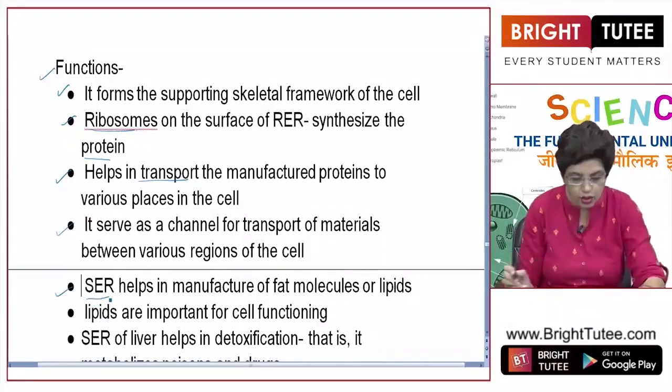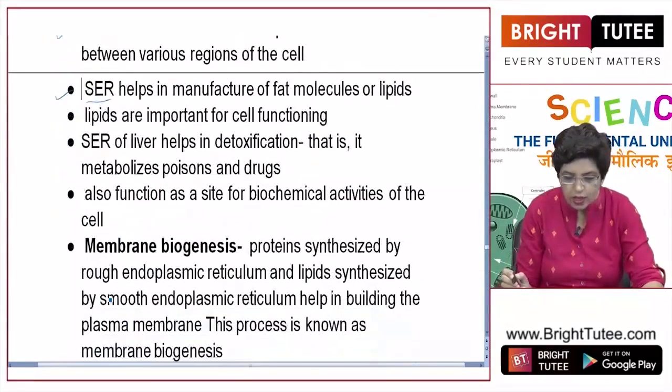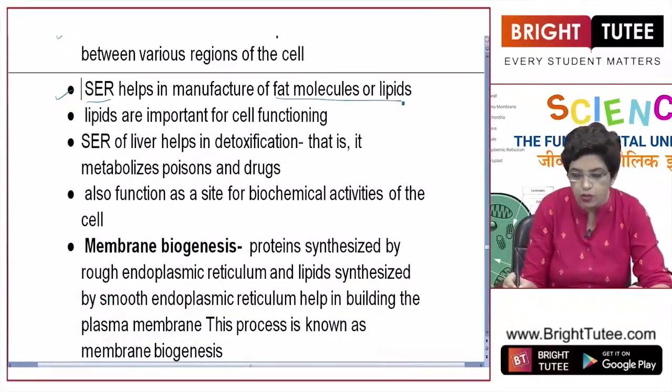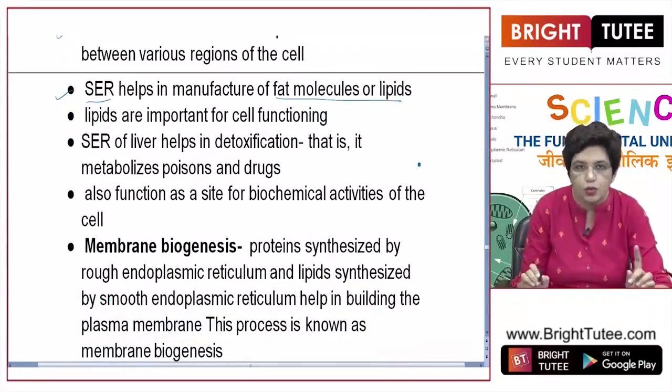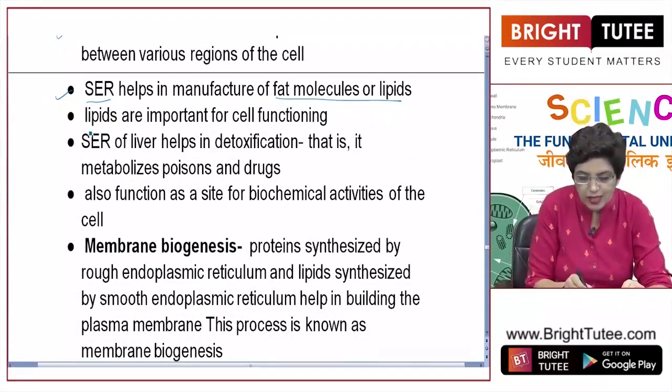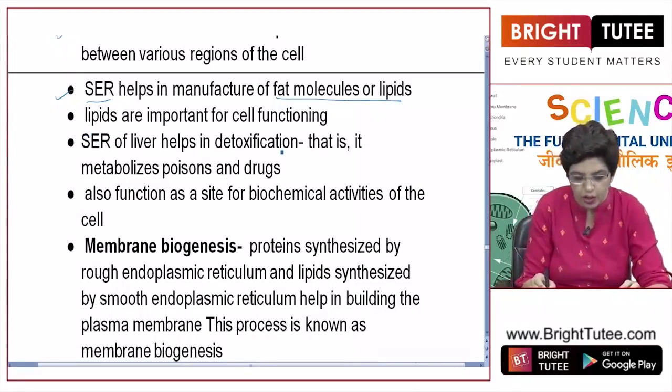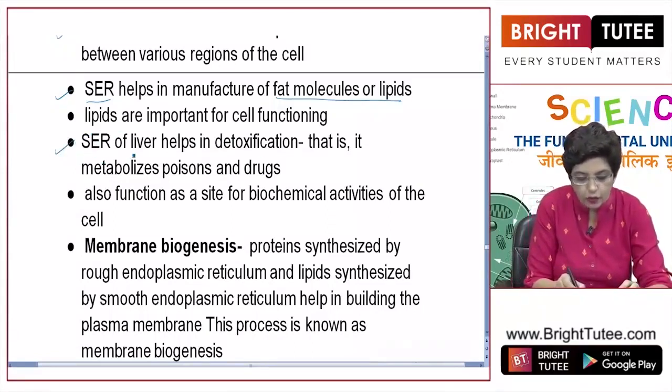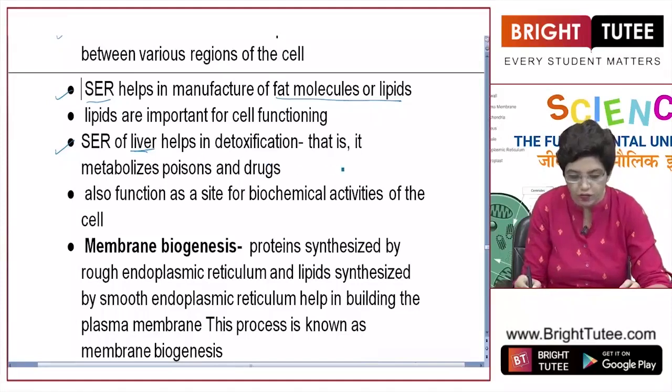Next, SER or the smooth endoplasmic reticulum helps in manufacture of fat molecules or lipids. So in RER, what is being manufactured? The proteins. In smooth, the fat molecules. These lipids are important for the cell functioning. Then next, SER of the liver especially helps in detoxification.